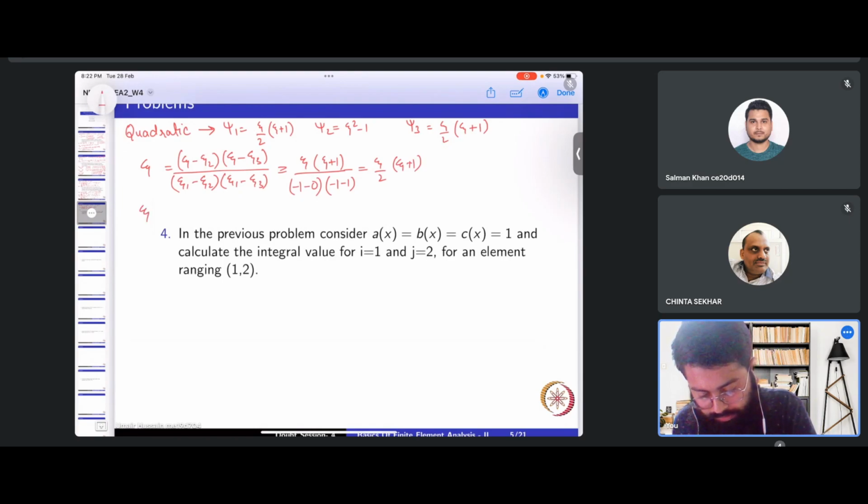Again for psi 3, we have (zeta minus zeta 1) times (zeta minus zeta 2) upon (zeta 3 minus zeta 1) times (zeta 3 minus zeta 2).